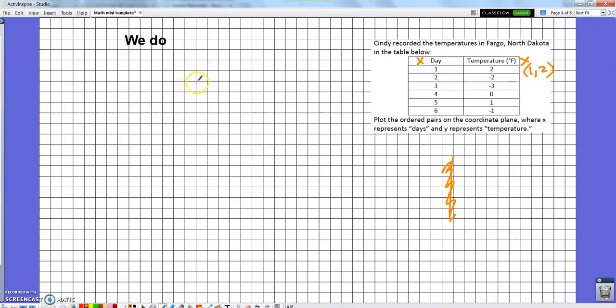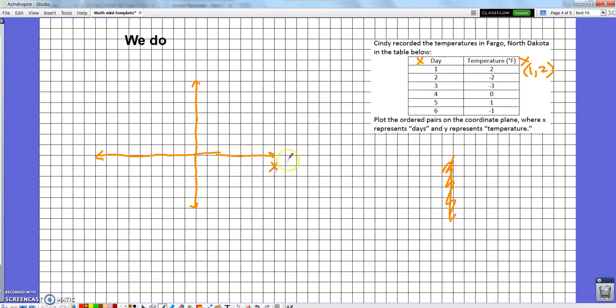All right, so I'm going to draw my coordinate plane. I don't need a real big one, just maybe this, because none of these go past 6 either way.